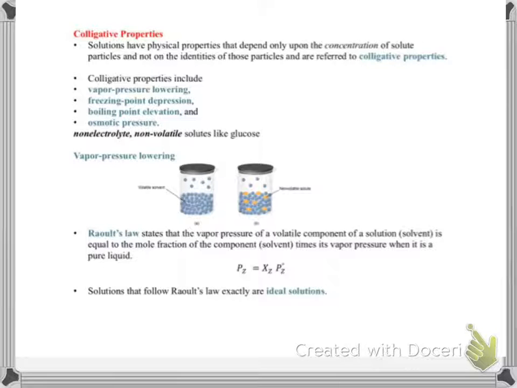Colligative properties. These are the properties of solutions that depend upon the concentration of solute particles but not on the identity of the particles, which means what matters is how much solute is there, and it does not matter what kind of solute it is.